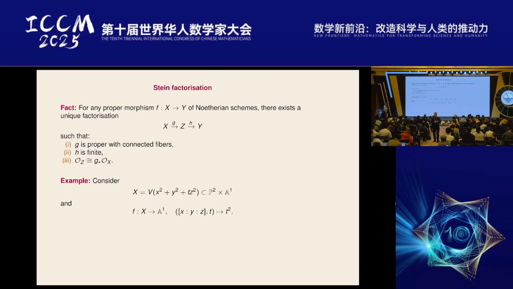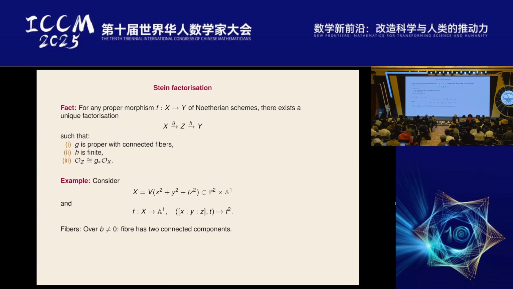We define the map from X to the base A1 simply by taking a point (X, Y, Z, T) to T squared. So essentially we just forget about X, Y, Z and take T to T squared. Then we can see that over non-zero numbers, the fiber has exactly 2 connected components.